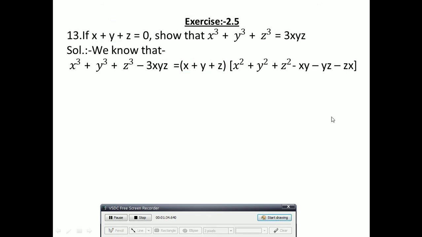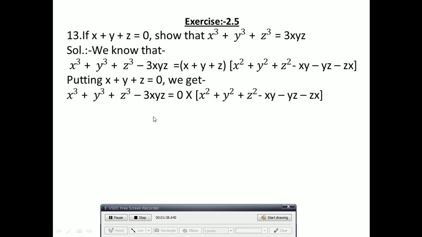So what will happen? x cube plus y cube plus z cube minus 3xyz equals 0 into the second bracket. Students, you know very well that 0 into something is always 0. So our right hand side will be completely 0, and this minus 3xyz can be shifted to the right hand side.